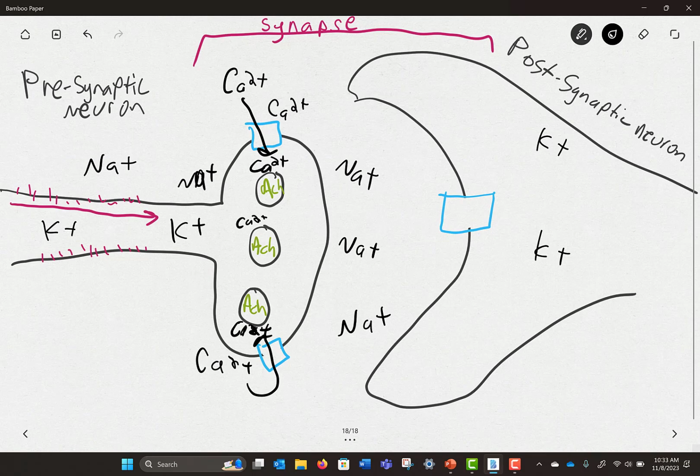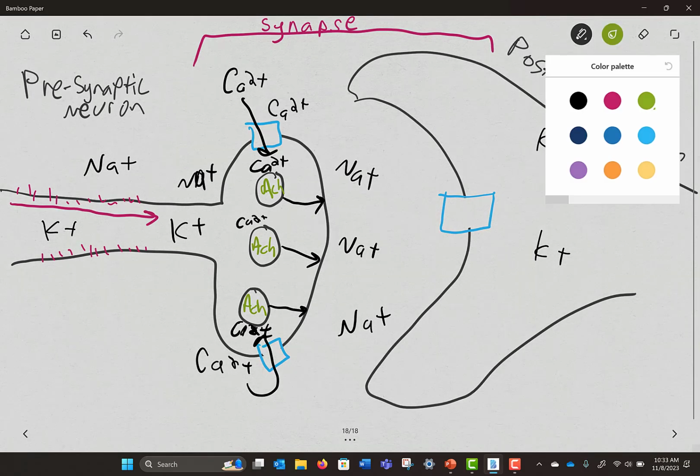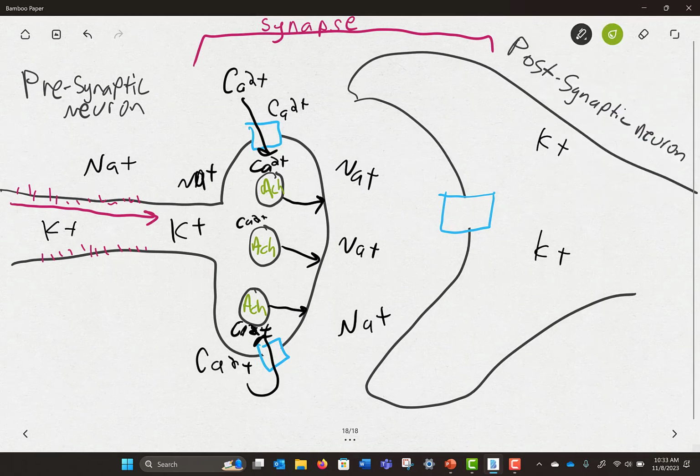And remember how they're moving? We have all of those actin railways or microtubule railways around the cell. And they're going to move towards the edge of the cell. When a vesicle moves towards the edge of the cell and it comes into contact with the plasma membrane, what happens?